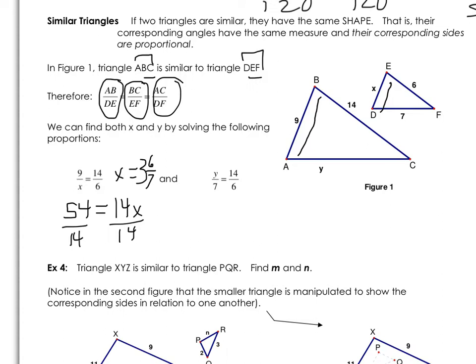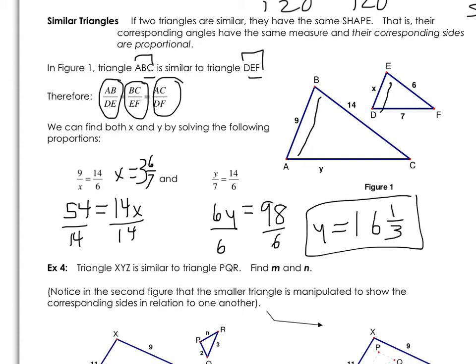Our second proportion, y is to 7, as 14 is to 6, gives us 6y equals 7 times 14, 98. Divide both sides by 6, and we get y equals 16 1/3. And that's our y value.